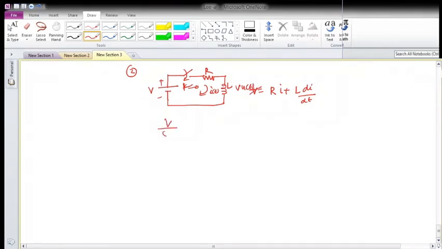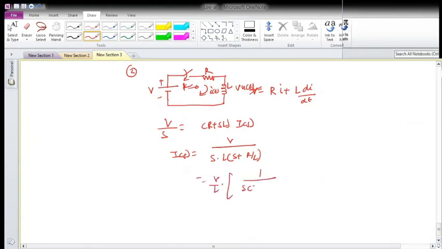So it will be V by S, it will be equal to R plus SL into I of S. Now I have to write for I of S, so it will be V over S into L, I'll take it common, so S plus R by L, okay, and then this will be V by L, 1 over S into S plus R by L.